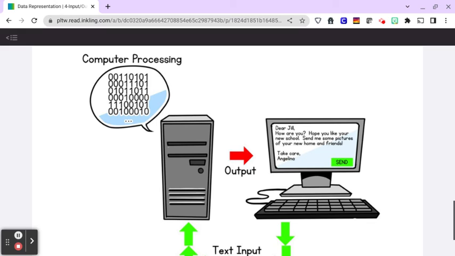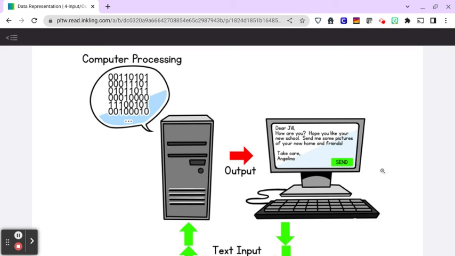So here's a picture that demonstrates how a computer processes. It gets the information as we put it in, and that is typing using our keyboard.